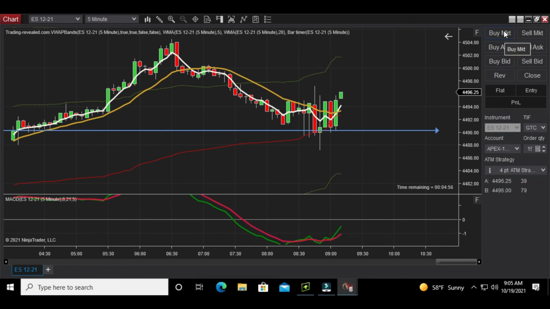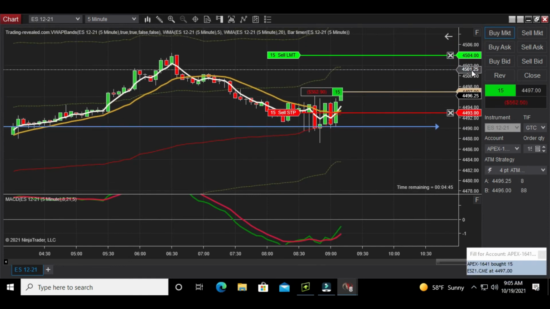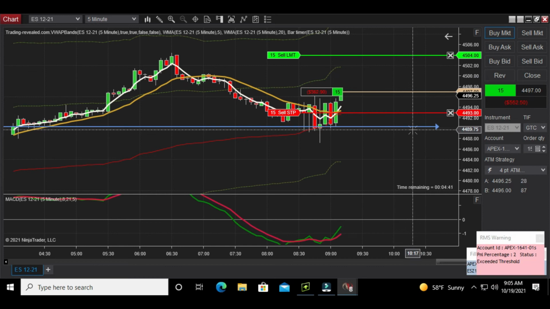So anyway, moving back on to the price action here. I did get a little bit of drawdown, but the numbers are big just because I was running 15 contracts. And of course you can see my stop is only 6 points away. That is a risk.